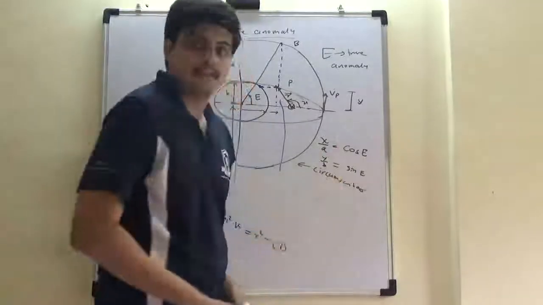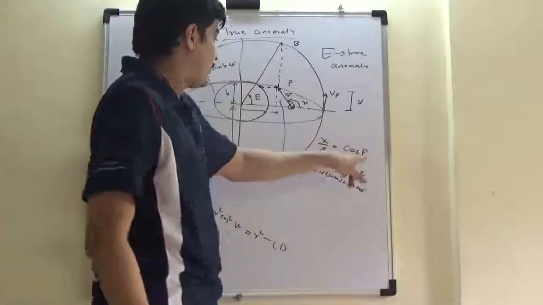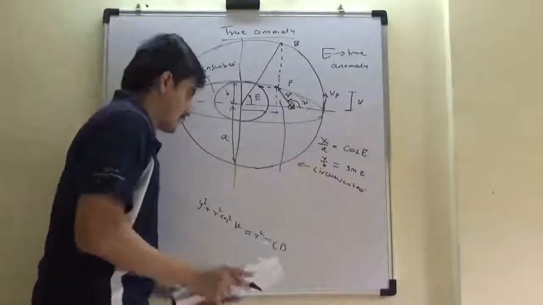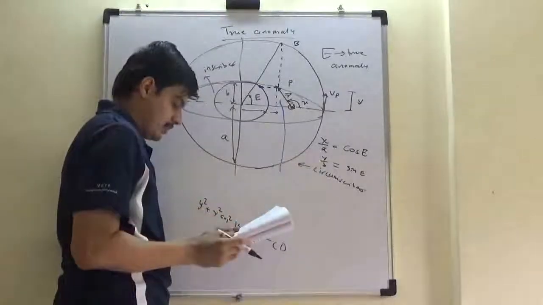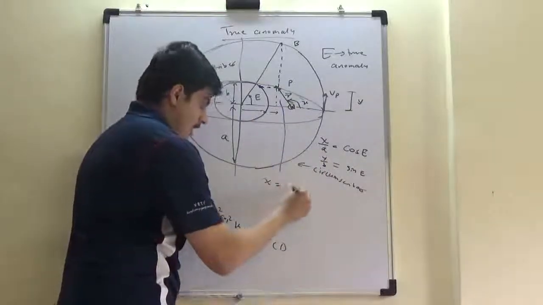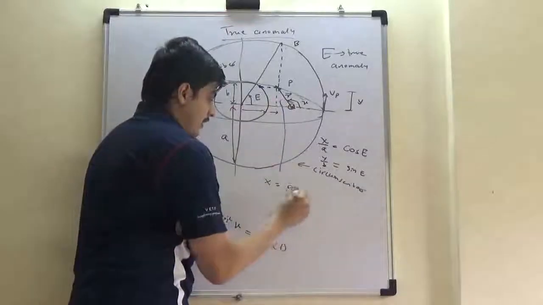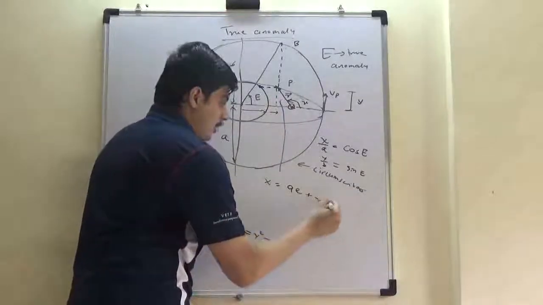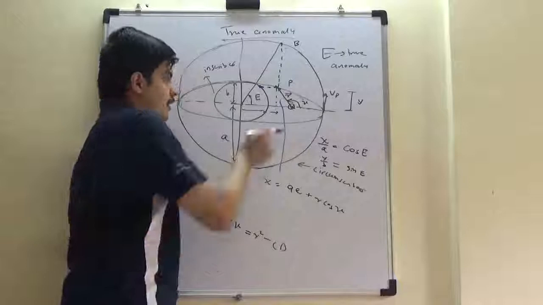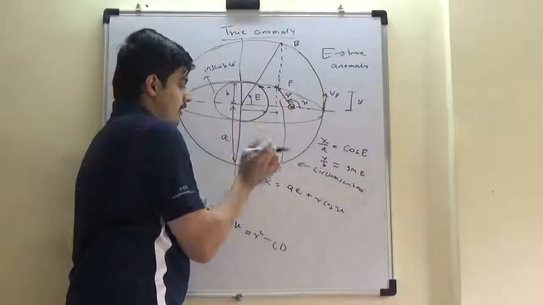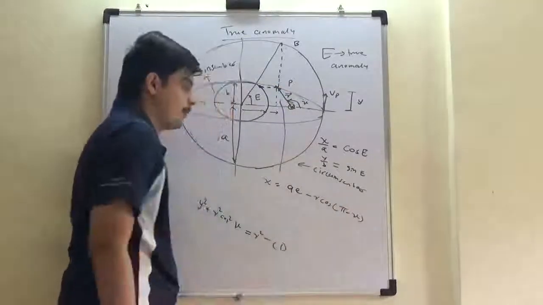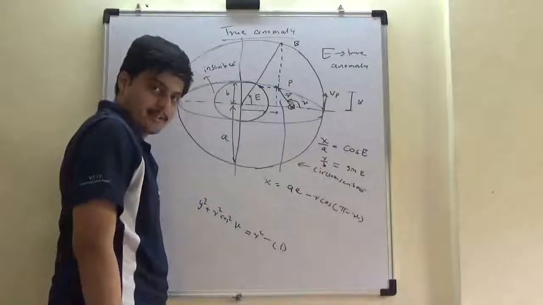Now this is very easy. Only with this eccentric anomaly E, I can define the circle. And that's the trick. Now I know these two relations. But what is x? x is ae plus r cos mu. Are you clear about this? Actually, ae minus r cos of pi minus mu, right?